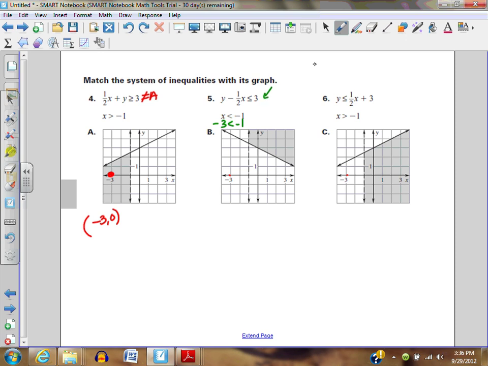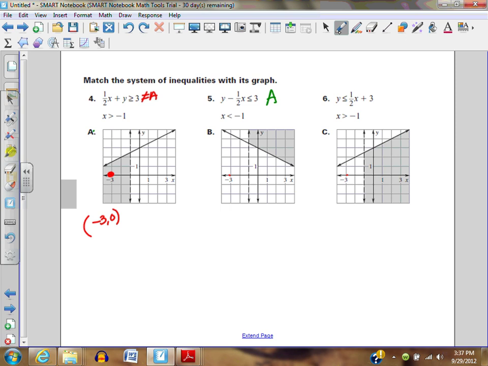If I have negative 3 for x and 0 for y, that would make it 0 plus 3 halves. I'm multiplying negative 3 by negative 1 half. Is that less than or equal to 2, 3? Okay, that's true. So I think A is 5. This graph goes there.